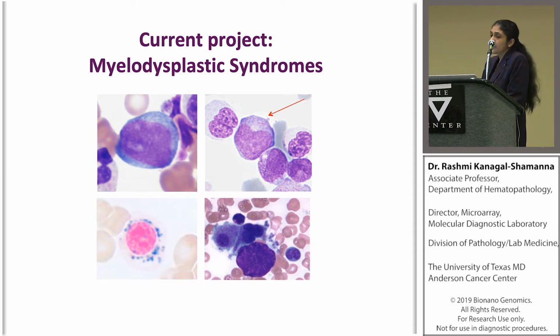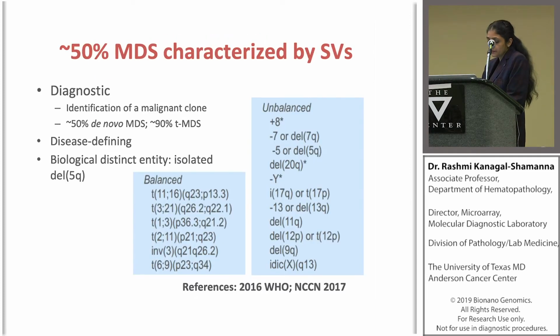And thirdly, these patients have a very high risk of transformation to acute myeloid leukemia. In fact, looking at MDS would also give us an opportunity to understand the clonal evolution involved in transformation to acute myeloid leukemia, because a significant proportion of AML arises from patients with prior MDS.